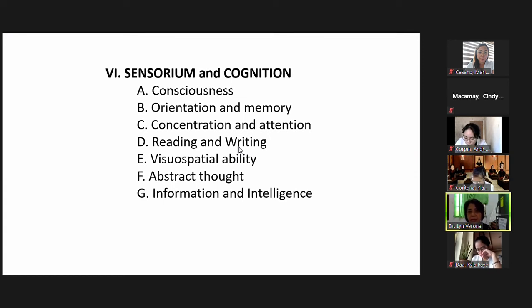Therefore, as I've said, dimensions of memory. You just try to read in your books, but I am just giving an example: immediate and remote. There are 2 more, no? Then you have your concentration and attention. Concentration, of course, as in any other, if the patient can read, you ask the patient to read and ask about what he reads.